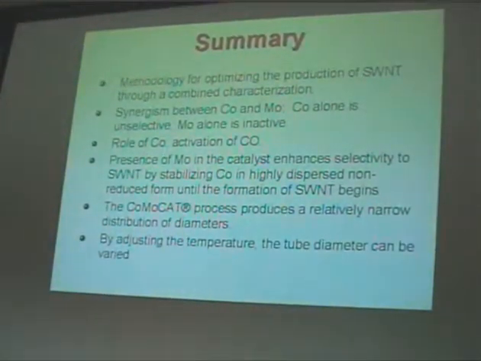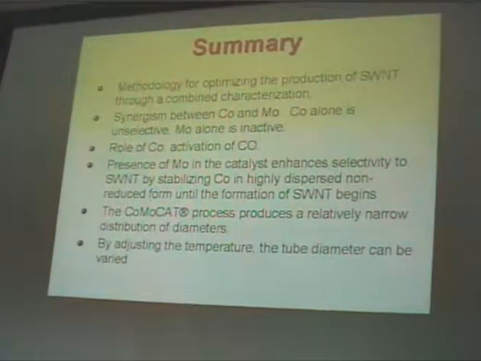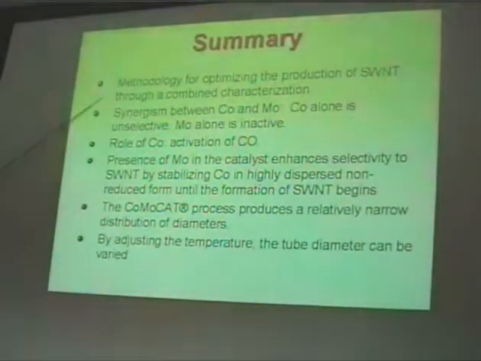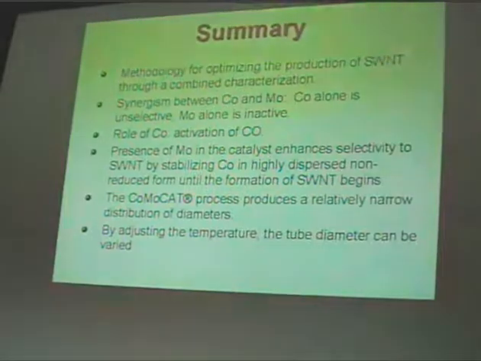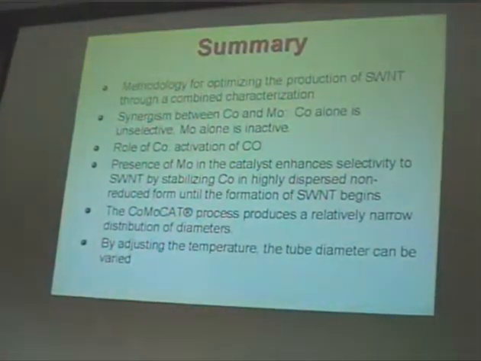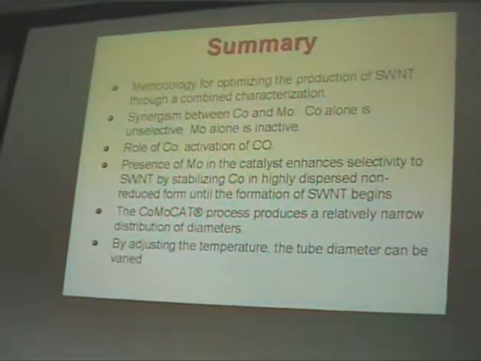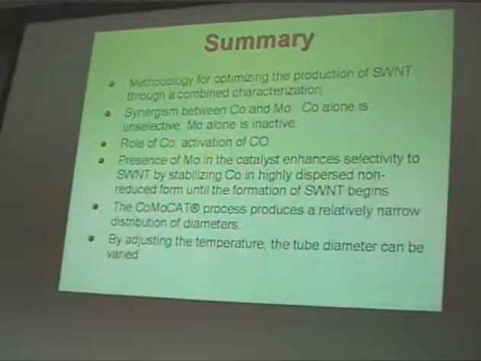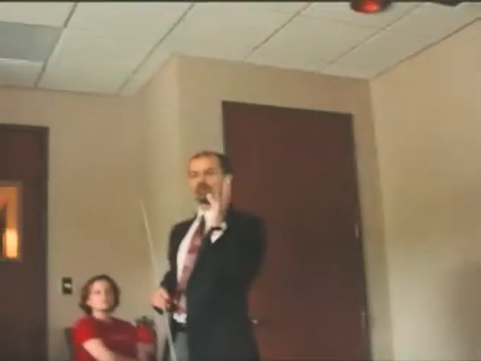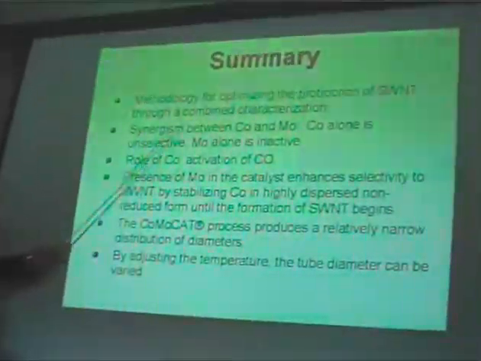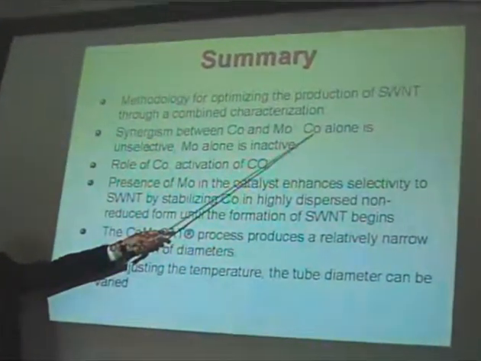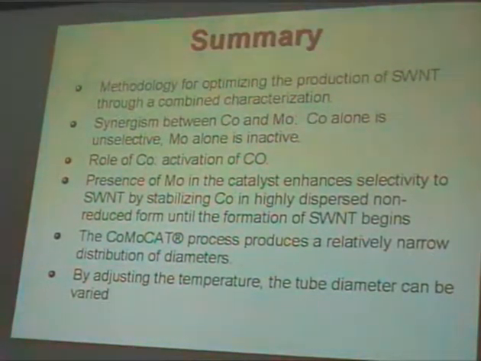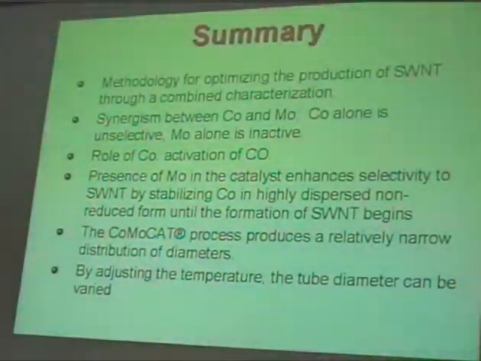Okay, so to summarize this, I'd like to say that we have developed a methodology to optimize the selectivity, mostly focused on the selective single-wall nanotube. And this was done with a dual characterization, not only of the tubes to see what we're producing, but also a detailed characterization of the catalyst to understand how this works. And we have found a synergism between cobalt and moly. Cobalt alone is unselective, even though it's very active. Moly alone is inactive.